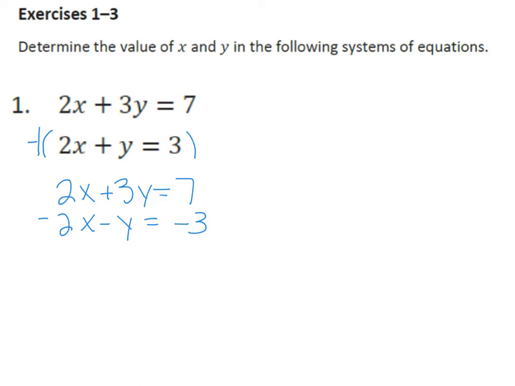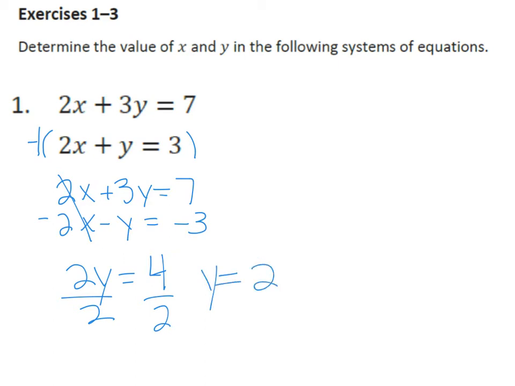If I add these two, notice that the 2x will cancel with the -2x, and 3y minus y will give you 2y, and 7 plus -3 will give you equal to positive 4. And to solve here, we divide by 2, and I get that y is equal to 2.